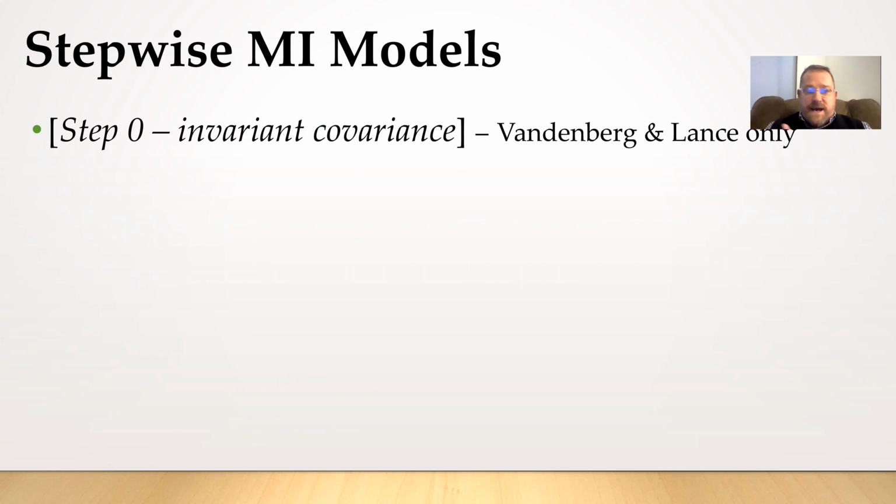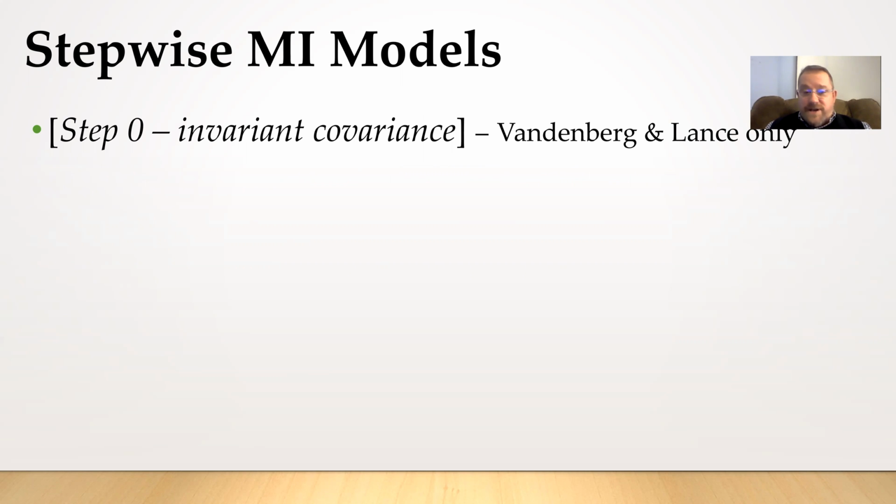Okay, so what are the steps? Vandenberg and Lance identify step 0 as testing, they call it an omnibus test, testing if the variance covariance matrix among your items between two groups is invariant, identical. They actually say that if you show in this step 0 that you have an invariant covariance matrix, you don't have to do any of the other steps of measurement invariance.